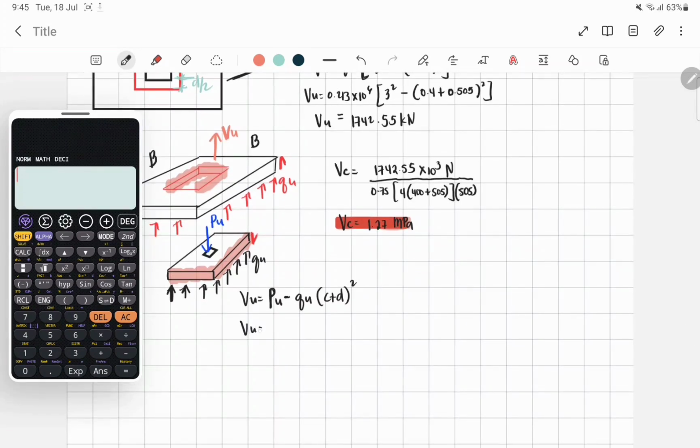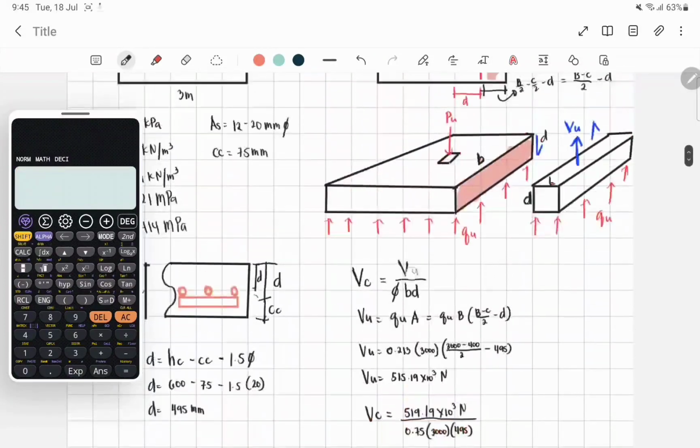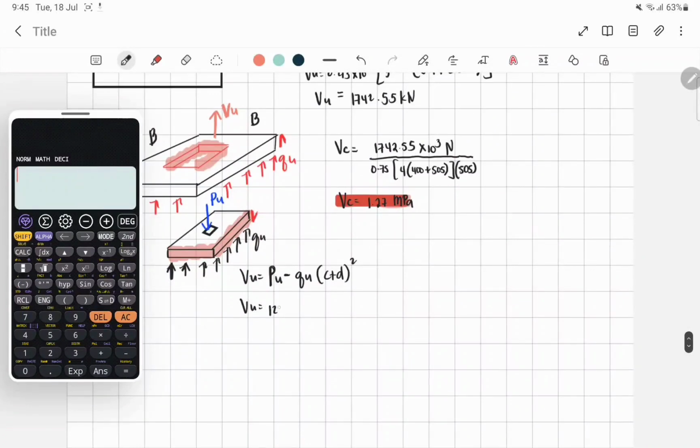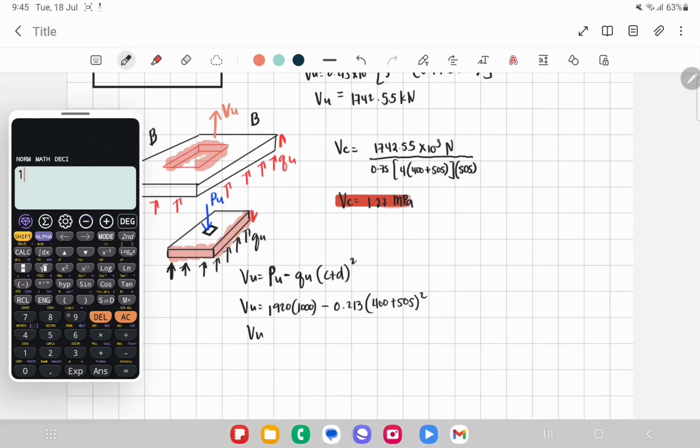So VU, where our PU from this problem was 1920, so 1920 times 10 raised to 3 or 1000, minus QU, that is 213, times (C, that is 400 plus 505 millimeters) squared. So VU should be equal to that too.